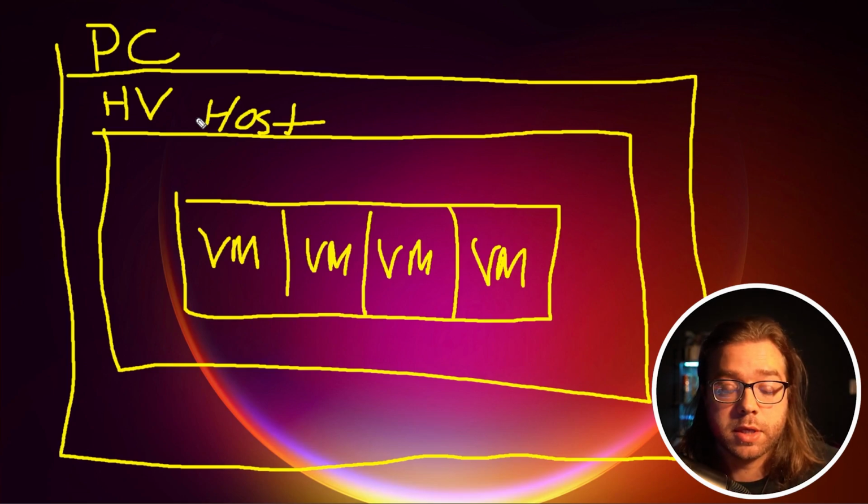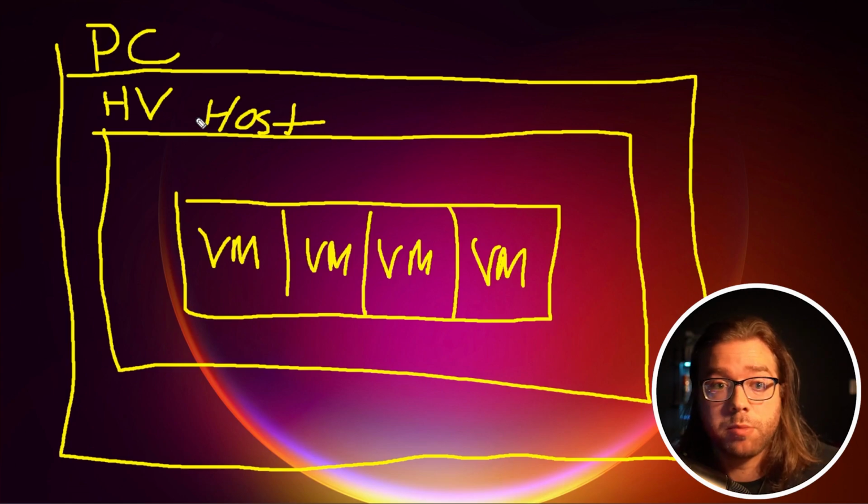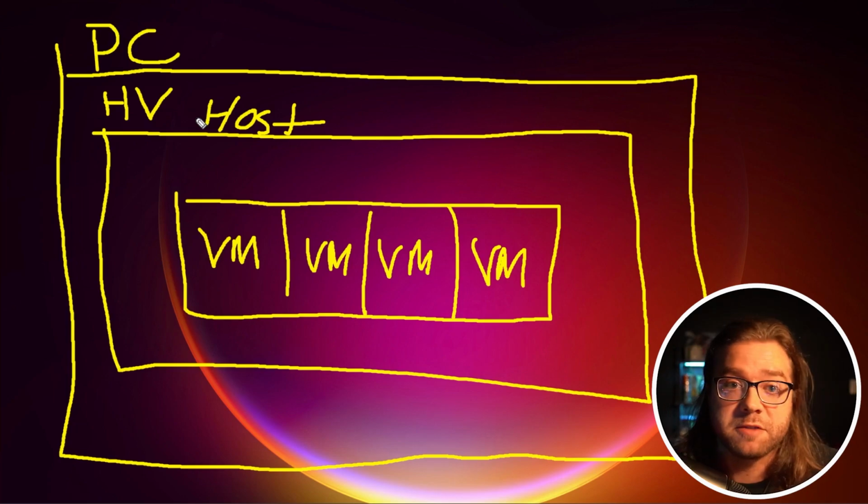Examples would be things like ESXi, which is VMware, or Proxmox, which I'll probably be doing for most of my labs since it's the free version, and everybody that does home labbing always loves the free stuff.